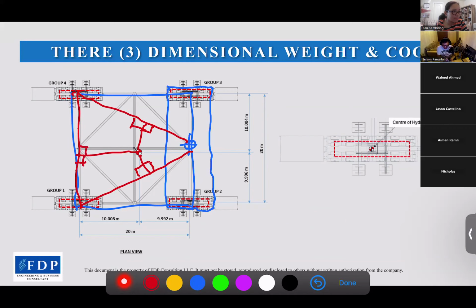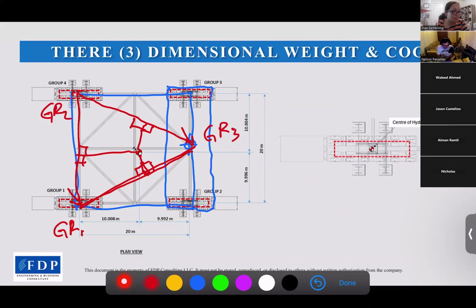And then we combine the reactions. For example, to find the reaction for the triangle, we distribute to this line first, and find the reaction from group 1, group 2, and group 3.